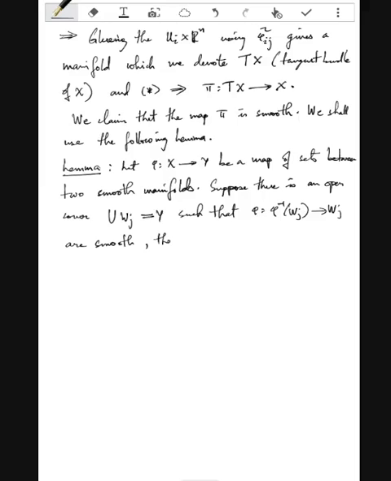Then phi is smooth. The proof is left as an exercise.